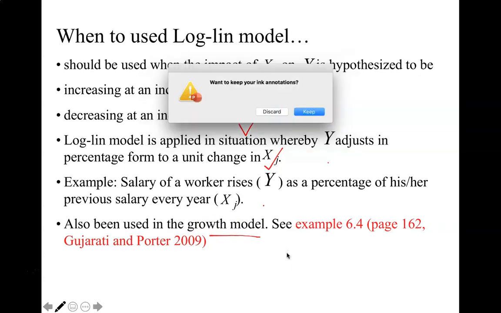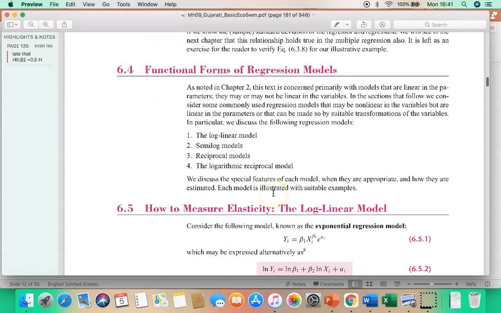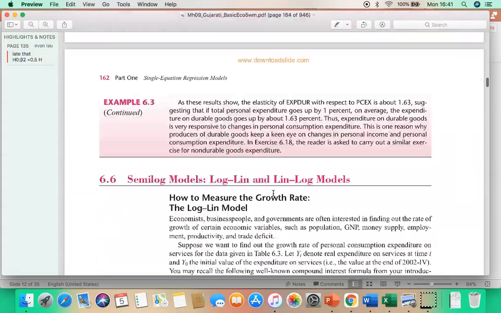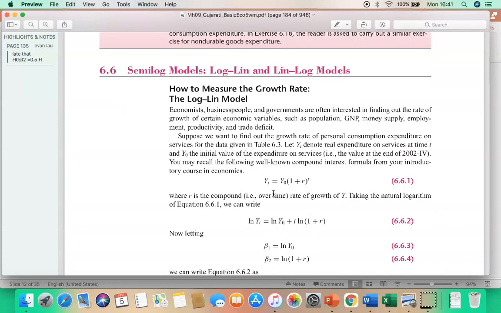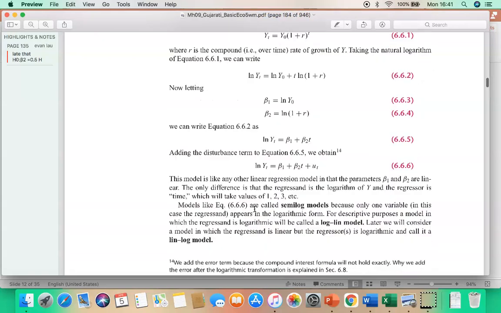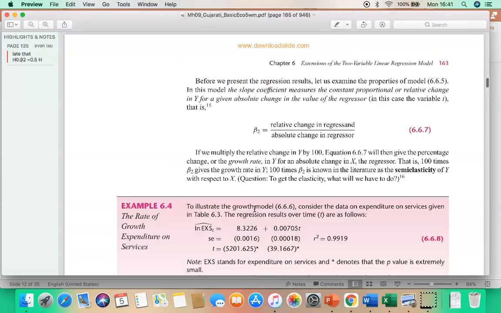Let us go to the book itself, where we have an example of a log linear model at the page. Here is a log linear example. We use that to measure the growth rate, the example here, right? In that scenario, we certainly call it semi-log.